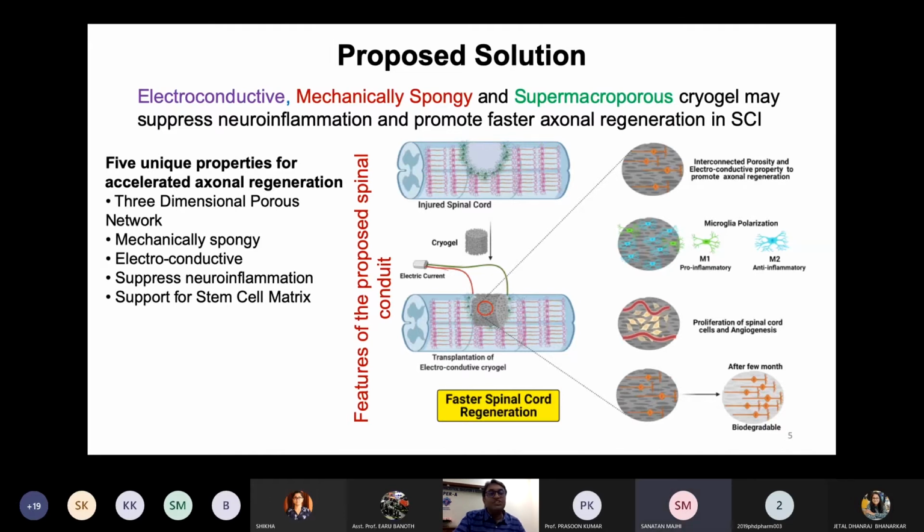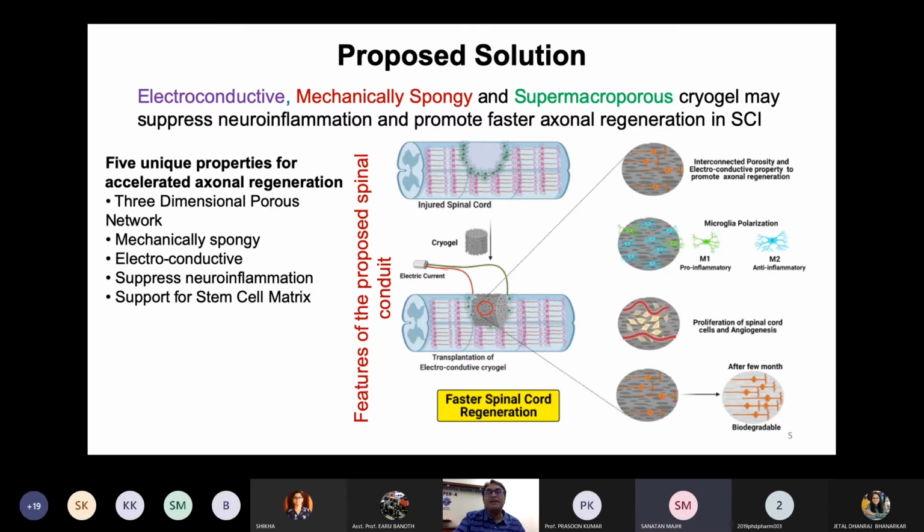Another important feature required is that it needs to be mechanically spongy. The mechanical pressure has been shown in recent times to modulate cellular expression and initiate the regeneration process. Many genes have been identified recently. Some of you probably know the Nobel Prize also went to piezoelectric kinds of materials. So mechanical force is extremely important.